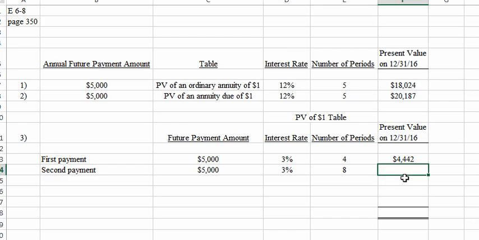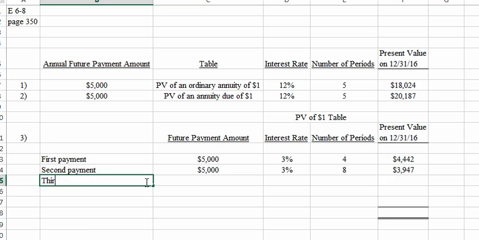So we'll go to the present value of $1 table, the 3% column, and come down to 8 interest payment periods. 0.78941 times our 5,000, $3,947. That 5,000 received 2 years from now is only worth $3,947 today, assuming interest is compounded quarterly at 3% per quarter.